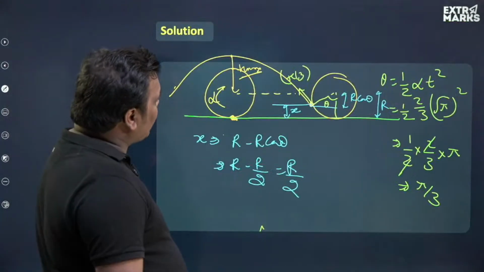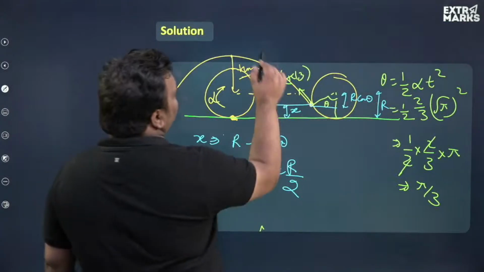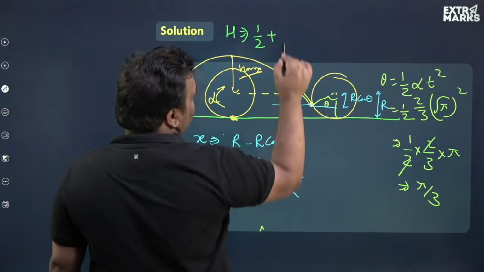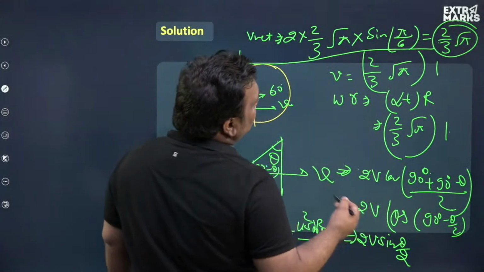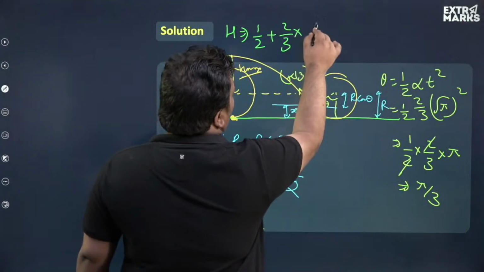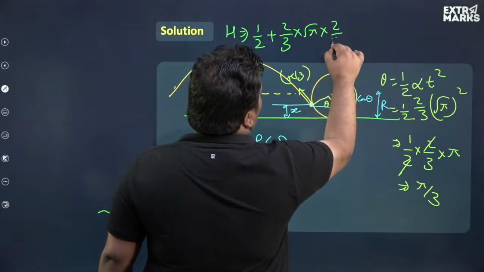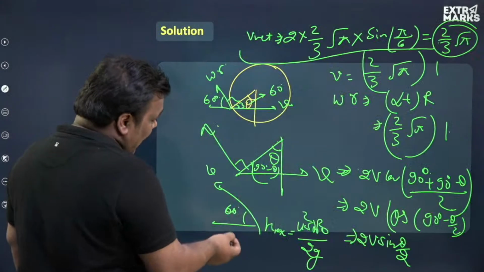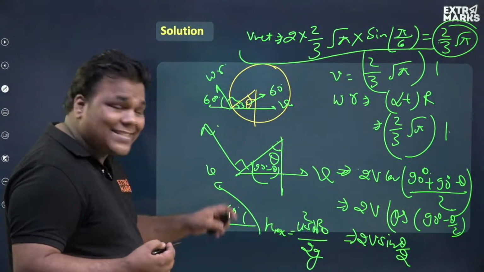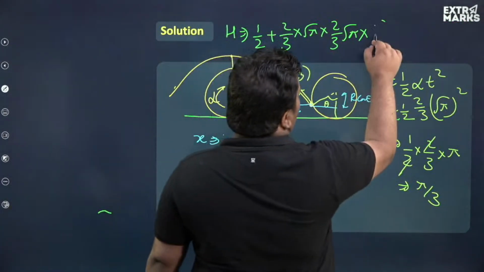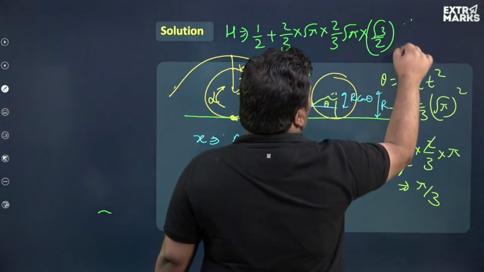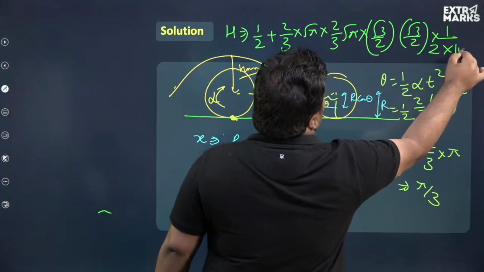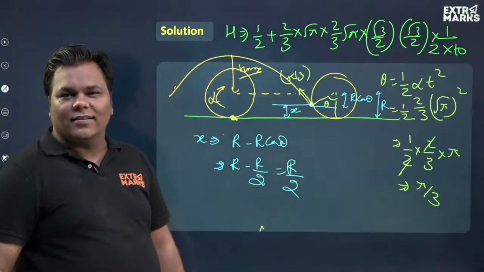So my final answer will be the height from the earth, which is 1 by 2, plus u square, that is 2 by 3 root pi squared, times sin square theta. The angle at which the projectile is projected is 60 degrees, so sin square theta, divided by 1 by 2 into 10. That is my final answer.